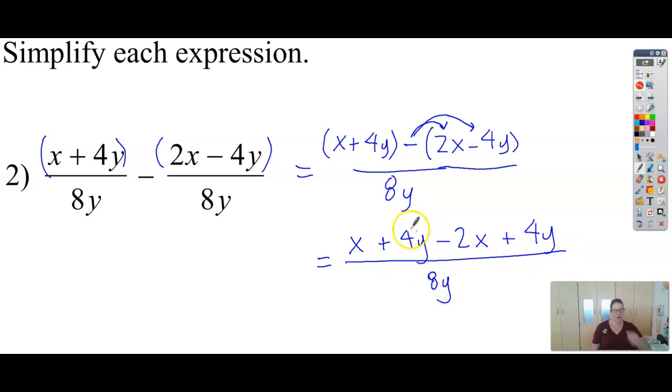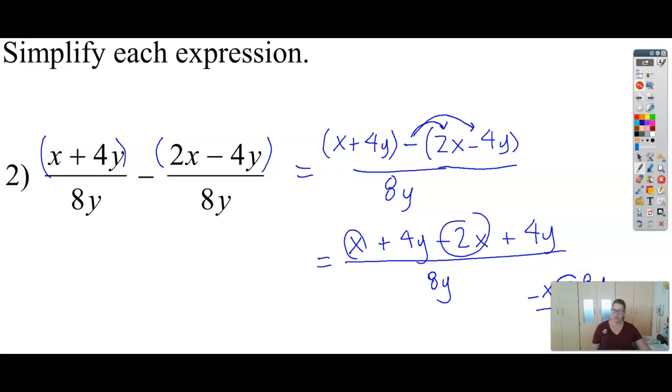Okay. So now I can go ahead and combine like terms across the top. I have an x and a negative 2x, so x minus 2x is negative x, 4y plus 4y is 8y, and that's all going to be over 8y. Okay, now I know some of you are going to be tempted to cross this 8y out because they match, but remember you cannot cancel something out unless it's a multiple.